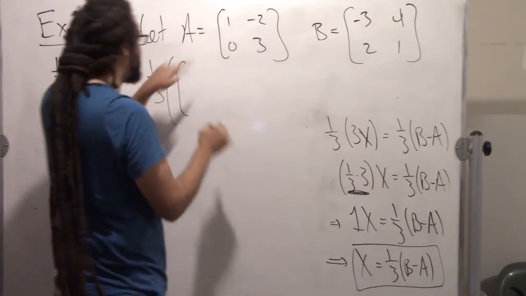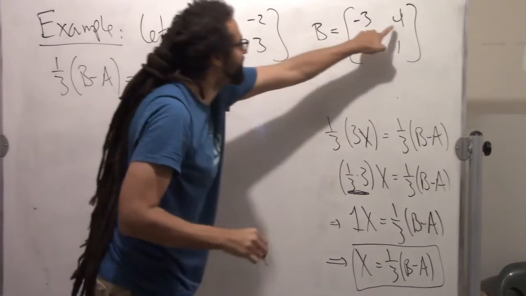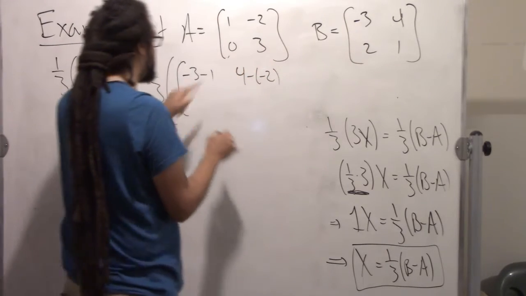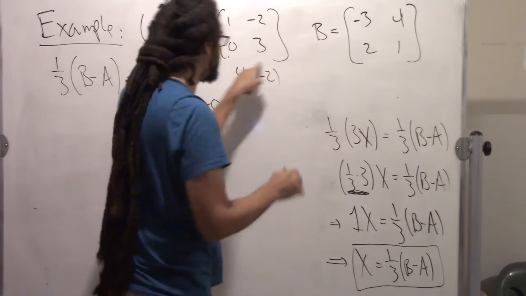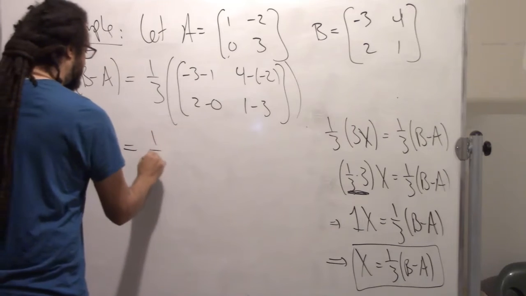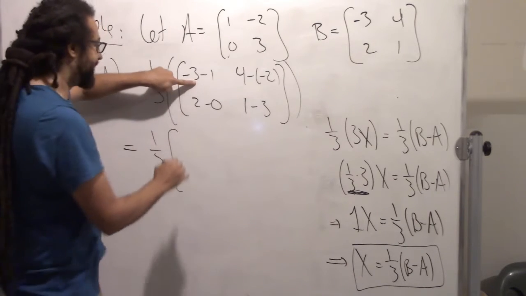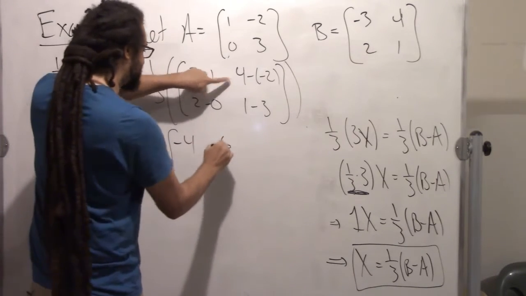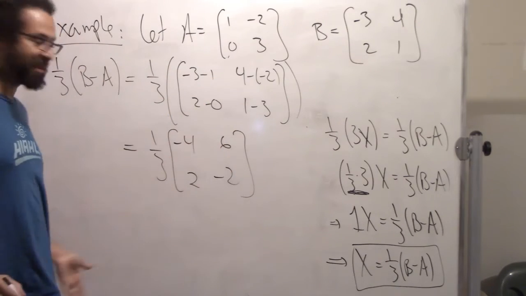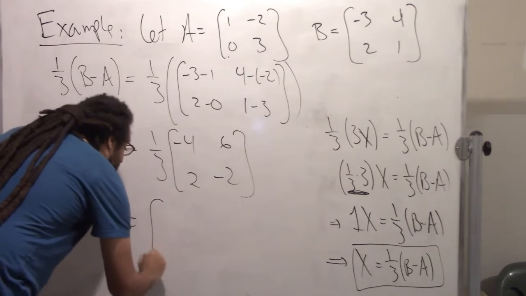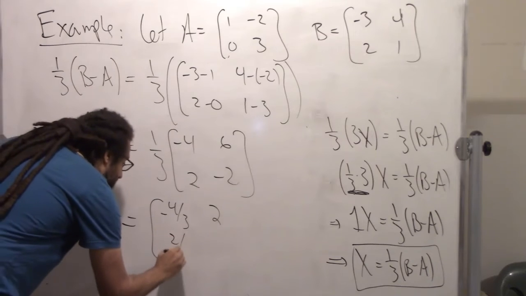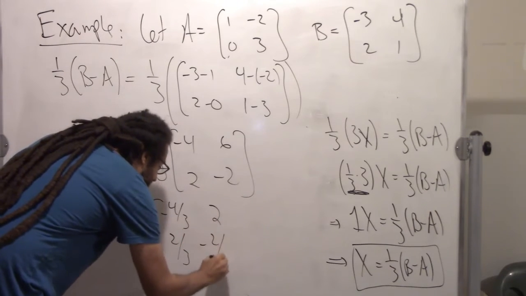So -3 minus 1, 4 minus -2, 2 minus 0, 1 minus 3. So now here I get -4, here I get 6, here I get 2, here I get -2. And now just go ahead and multiply through by 1/3. So here you're going to get -4/3, here you get 2, here you get 2/3, and here you get -2/3.